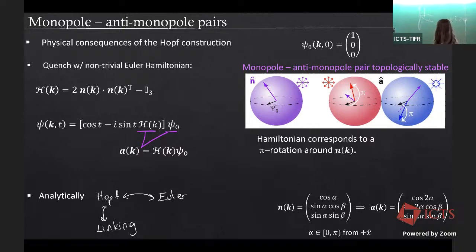A pi rotation is going to give me no unit here. And this Hamiltonian, if you write it down in terms of the elements of this third eigenstate, you will see that the effect of this is really just a pi rotation, if you compare it. That's why it covers the sphere and uncovers it on the other part. So this allows me to write a map between the Hopf map and the Euler number dictated by this, and when I have the Hopf map, I have the linking number.